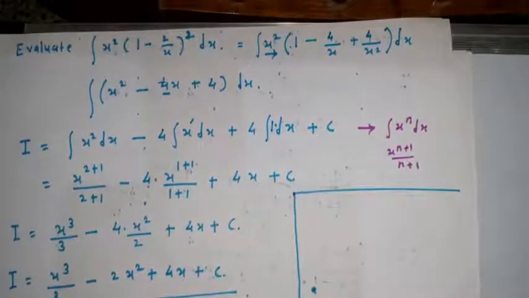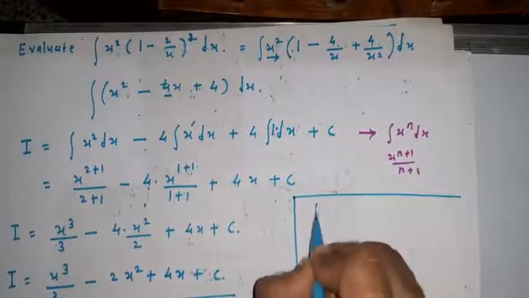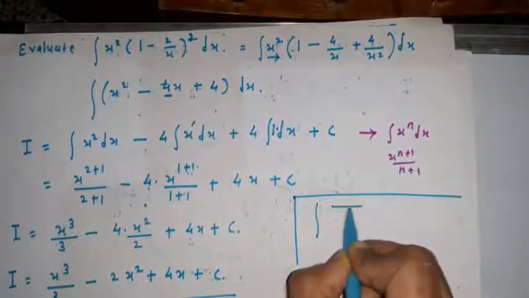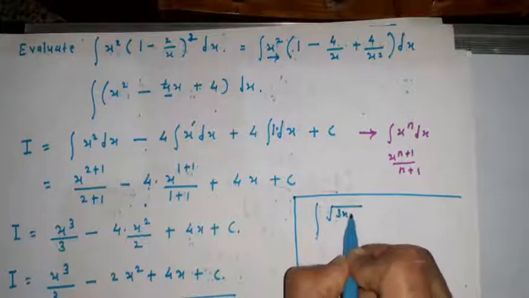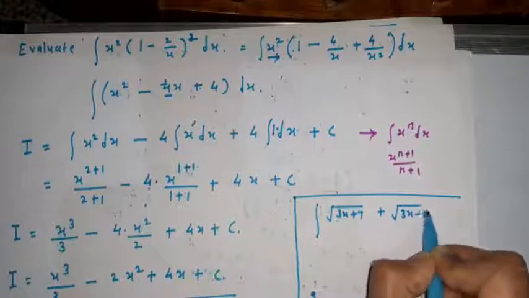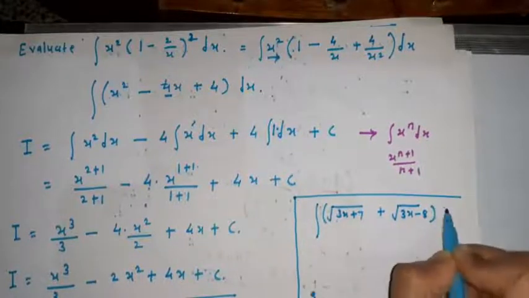The first problem is integration of square root of 3x plus 7 plus 3x minus 8 with respect to x.